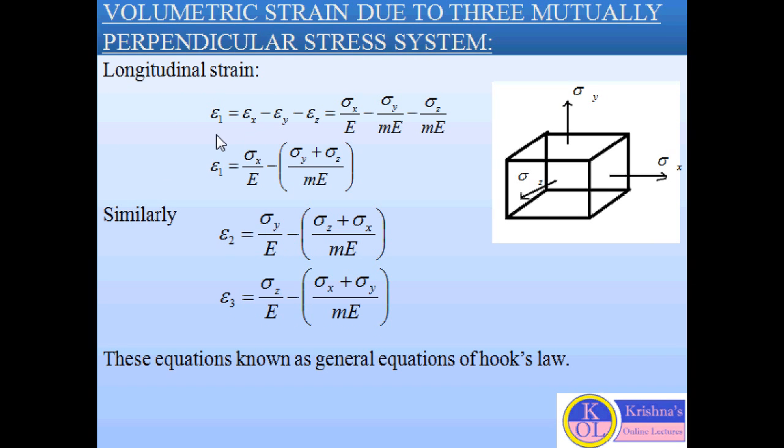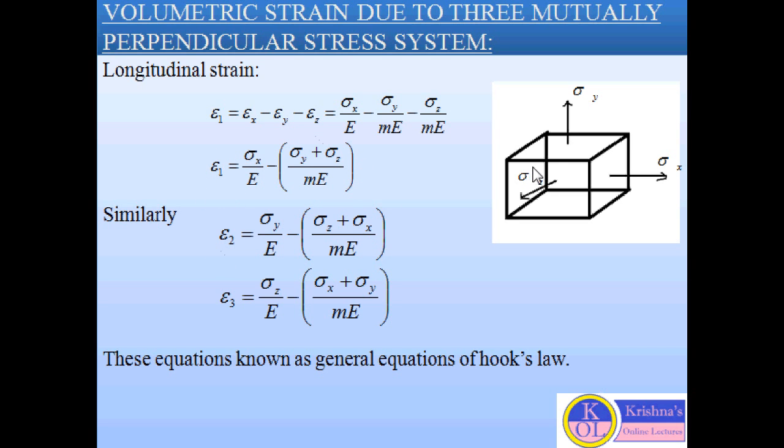Here, if we consider the strain in x direction as the longitudinal strain and the other strains as lateral strains, then the longitudinal strain for sigma x will be eta x minus eta y minus eta z. So it will be sigma x by E minus sigma y by mE, that is 1 by m, or according to Poisson's ratio, minus sigma z by mE. So here the equation of eta 1 will be this.